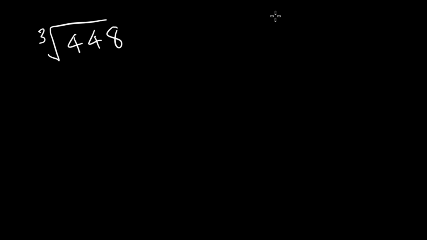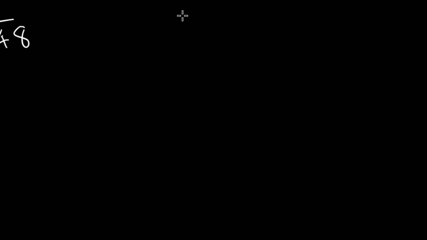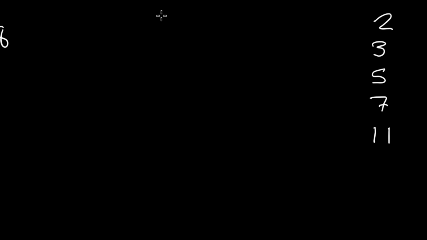Okay, so now we have an even larger number, 448, and it's a cubed root. And this, remember, is just x to the third. Now we're just going to do the same thing and write our prime numbers 2, 3, 5, 7, and 11. And do our factor tree again. 448, we'll start with 2. 448 divided by 2 is 224.